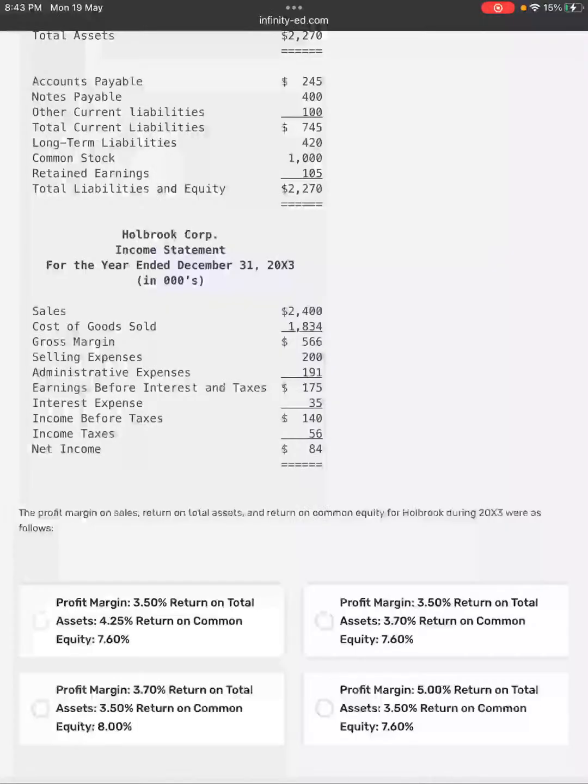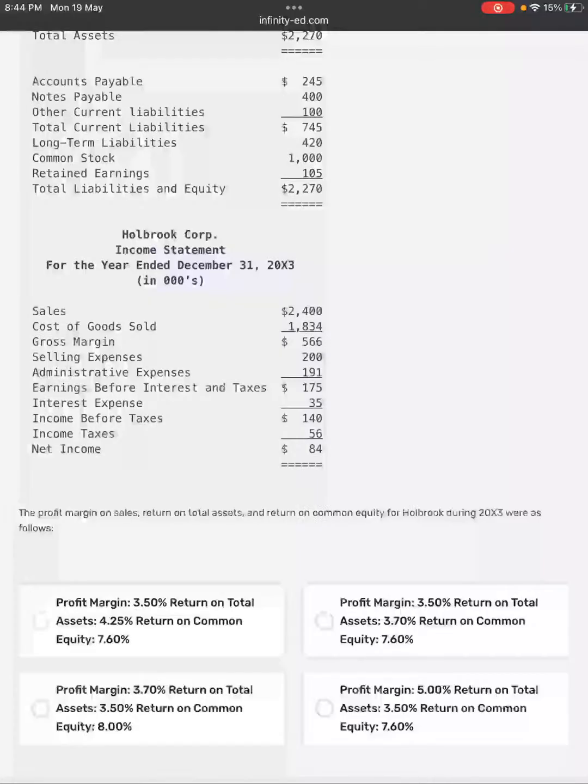The profit margin on sales, return on total assets. Return on asset means total net income divided by average total assets, that will be the return on asset formula. Profit margin on sales means profit divided by sales.